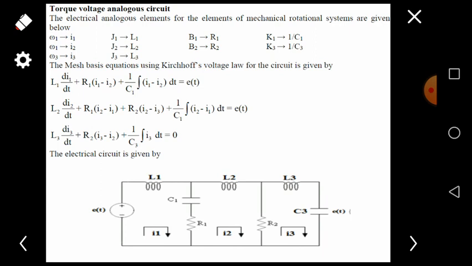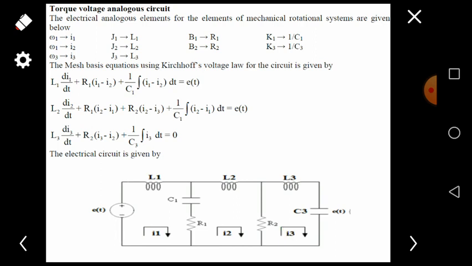Now we are going to draw a diagram using these equations. As we know, we have to use the mesh equation based on Kirchhoff's voltage law here, so we have to draw a mesh diagram. Here we have three loops, that is three current values, so we are going to draw three loops as I1, I2 and I3.